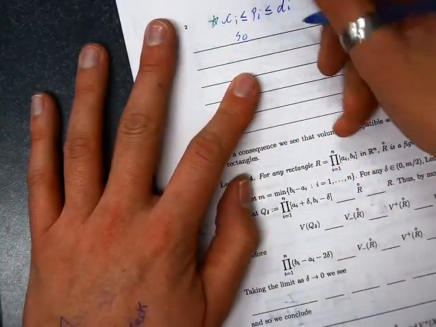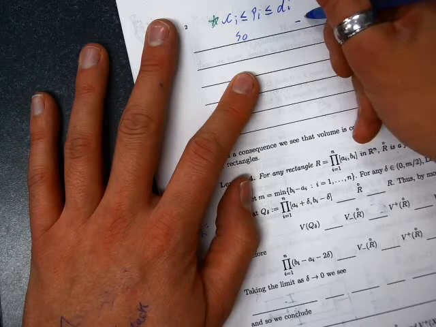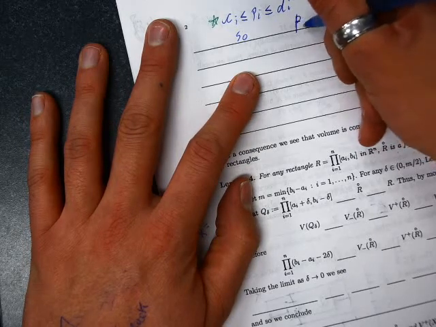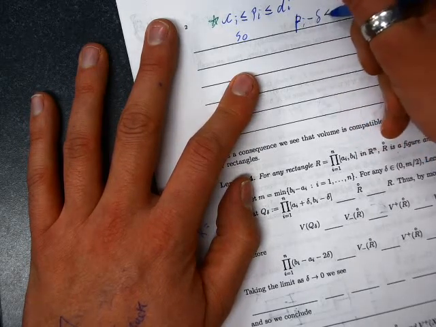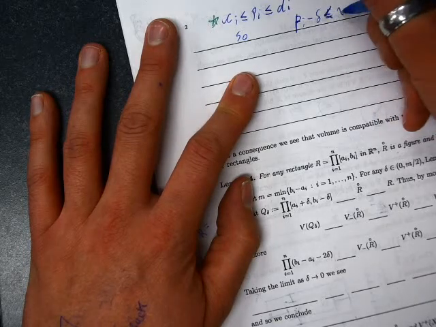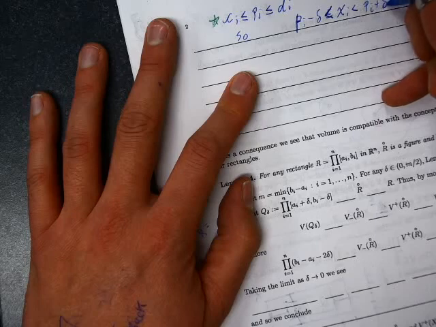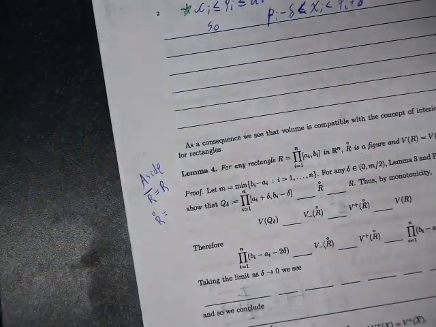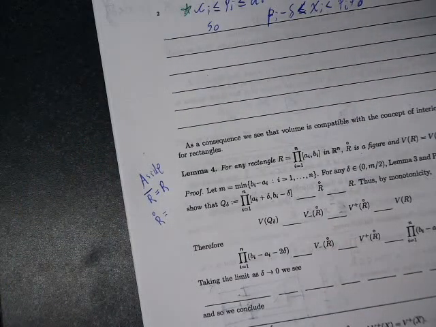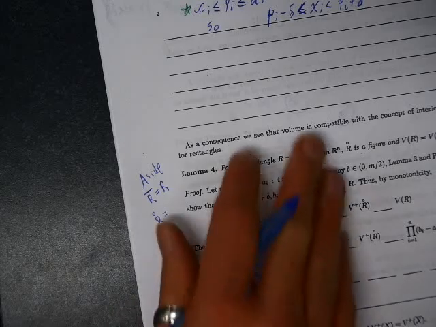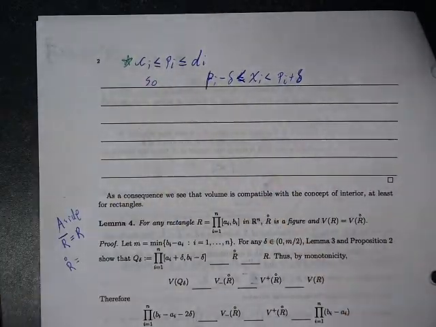So, minus pi minus delta is less than or equal to xi is less than pi plus delta. And let's use those bounds. Since pi is bigger than or equal to ci, what can I conclude?